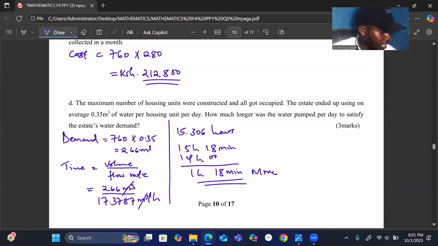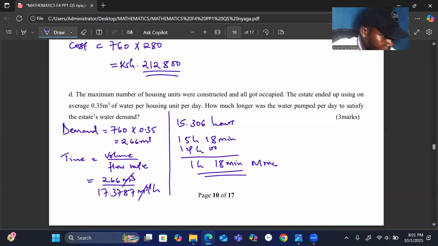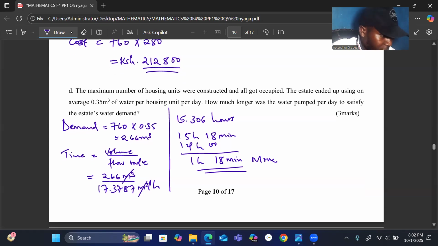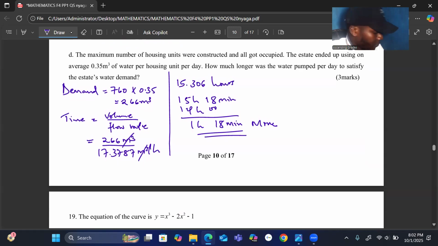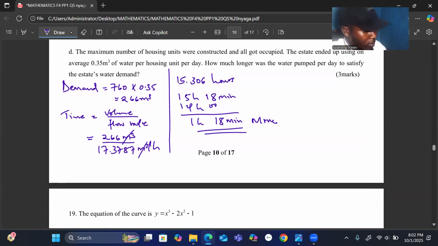It will go an extra 1 hour and 18 minutes for the new demand. So that is how we get our 10 marks for question number 18. So we can move to question number 19.